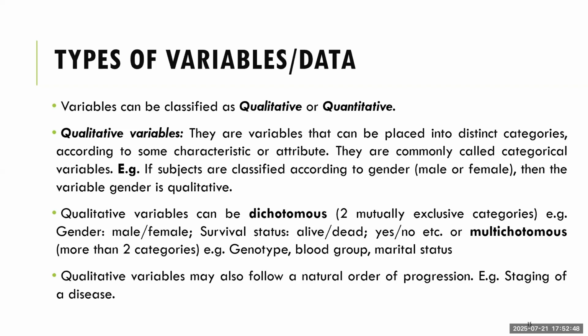Then once we have numbers, we can say that those variables are quantitative variables. For example, we can have them in two distinct categories: male, female, then survival status, alive or dead. So even if you are gasping, we are going to place you in one category. Are you alive or are you dead?